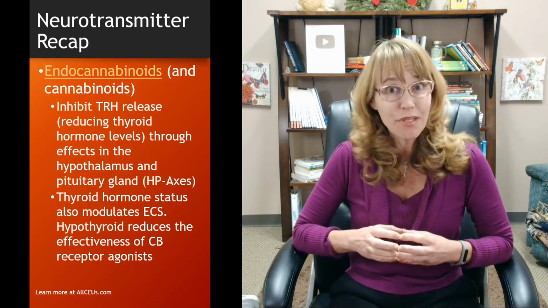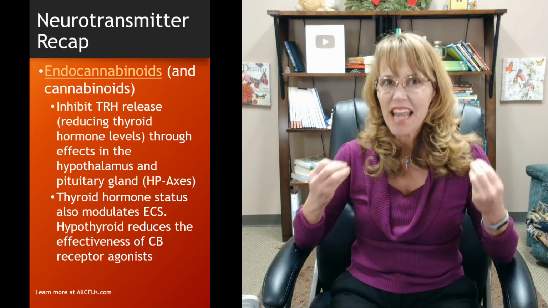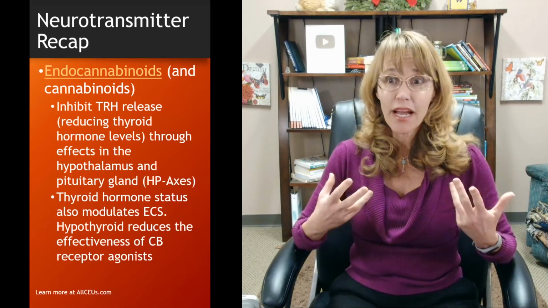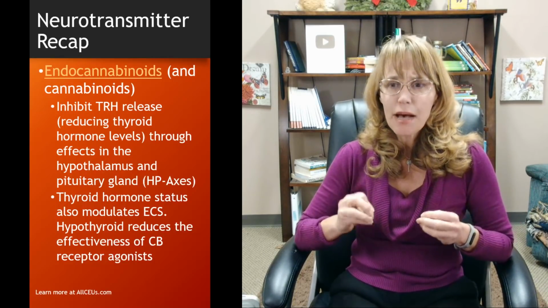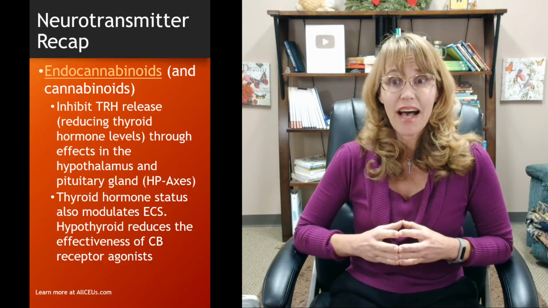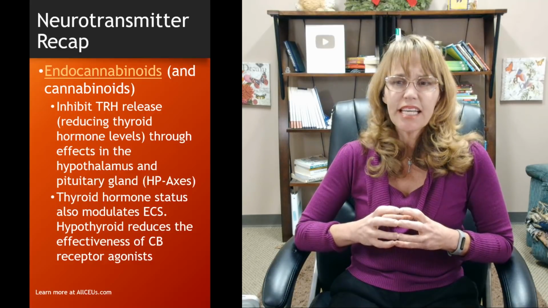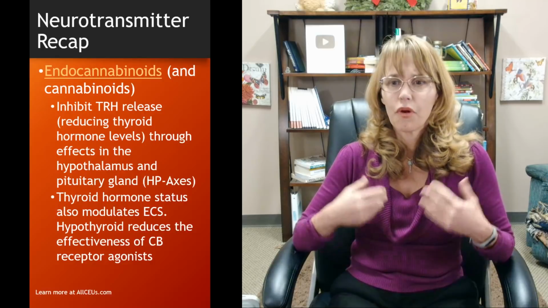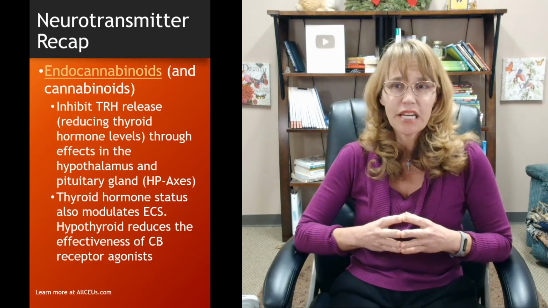Endocannabinoids and cannabinoids. These are your cannabis receptors. Now remember, we have natural chemicals in our brain that are called endocannabinoids. Your endocannabinoids and cannabinoids also impact thyroid. They inhibit TRH release or thyroid levels through the effects in the hypothalamus and the pituitary gland.